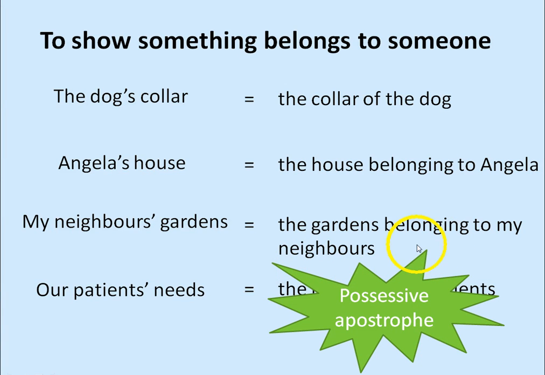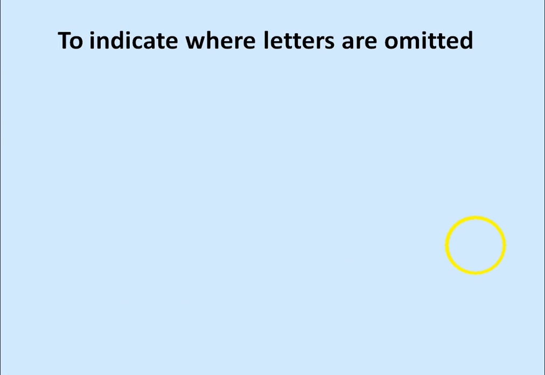Now let's have a quick look at the other main way in which we use an apostrophe, which, as we will see, is to indicate where letters are omitted from a word. So in a word like isn't, we see that we have an apostrophe there between the N and the T, and that's to indicate that actually there's a letter missing, because the meaning of that word isn't, it's a short form of two words, is not.